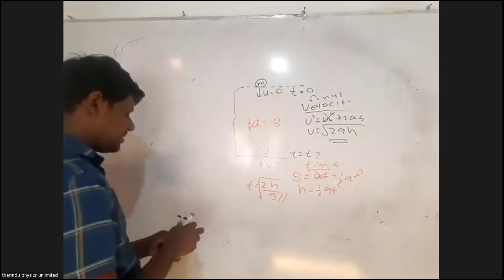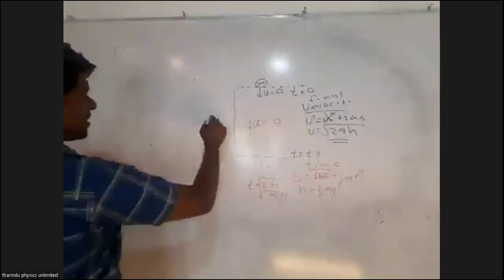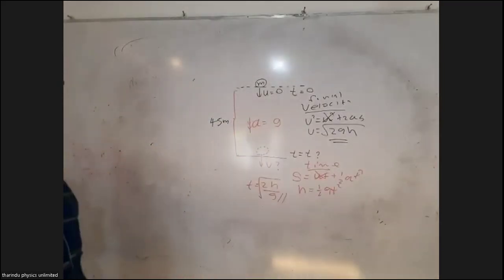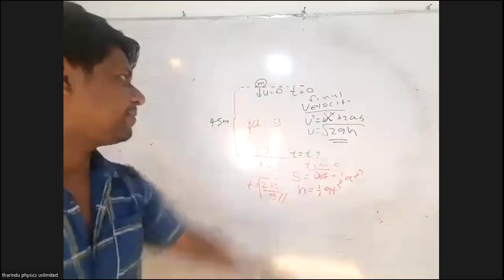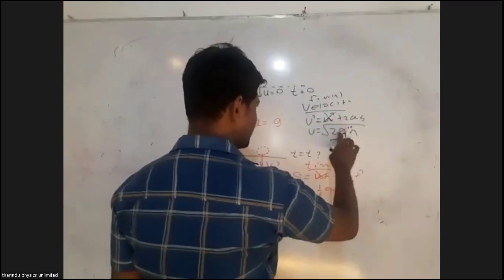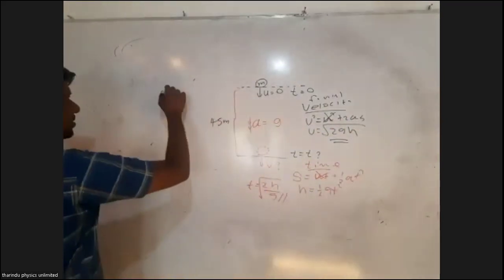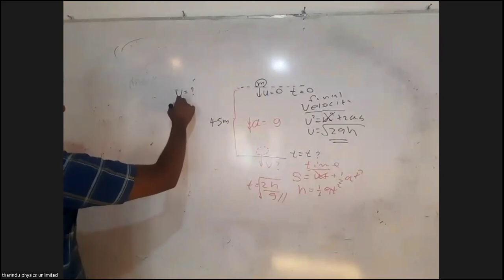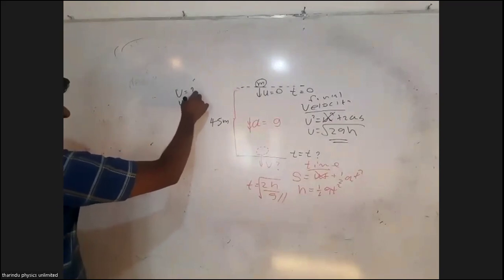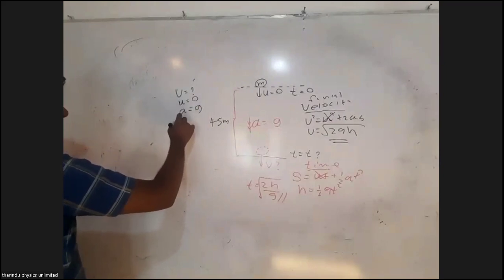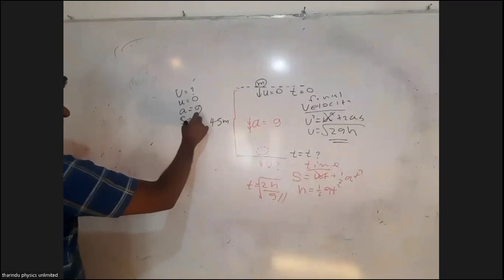Now the height changes. It is 45 meters. What can I do? I can apply the equation v squared equals u squared plus 2as. Don't remember these equations, I'm just applying the basics. The value of v I don't know. The value of u is 0. The value of a is g. The displacement is 45 meters.